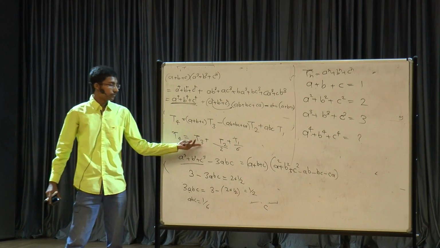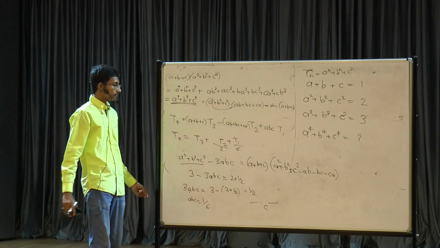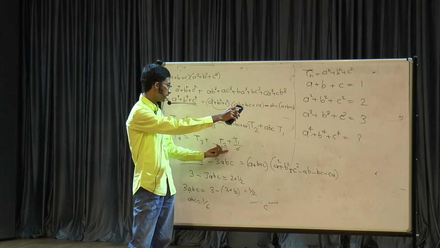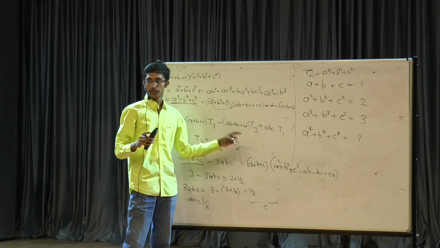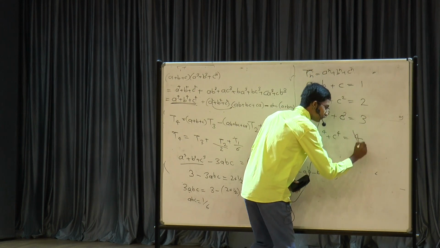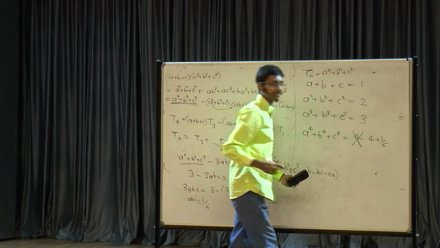So what is a power 4 plus b power 4 plus c power 4? So it's 3 plus 1 plus 1 by 6. 4 plus 1 by 6. So this is not 4. Surprise. 4 plus 1 by 6.